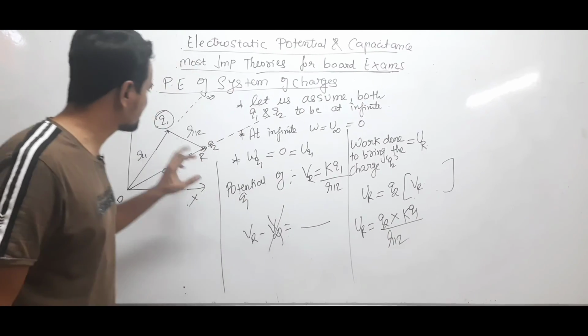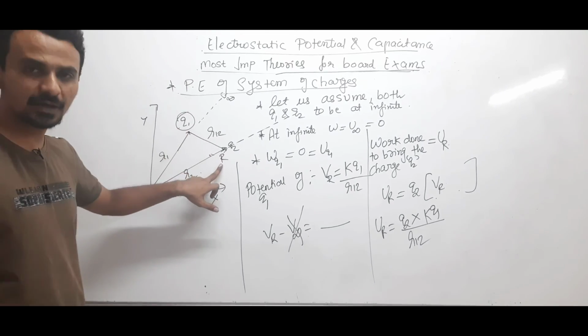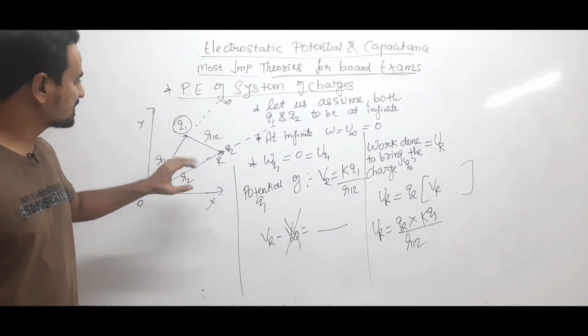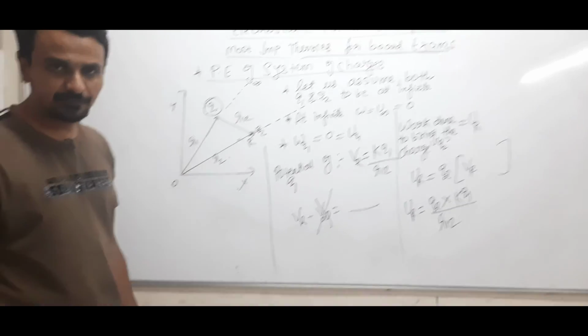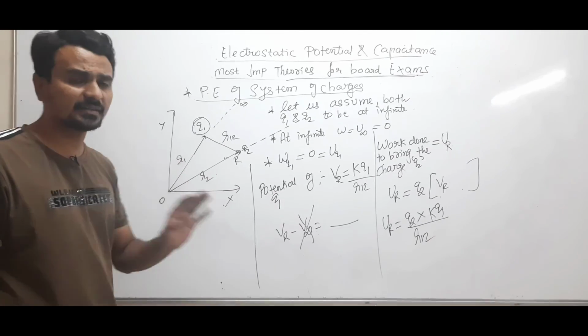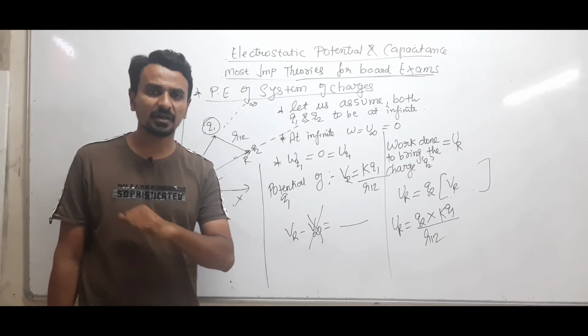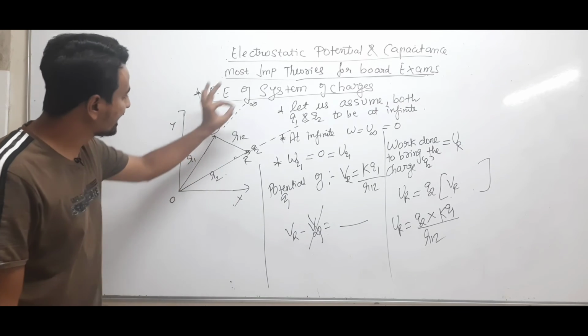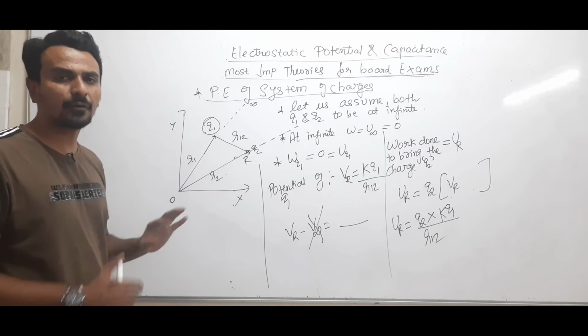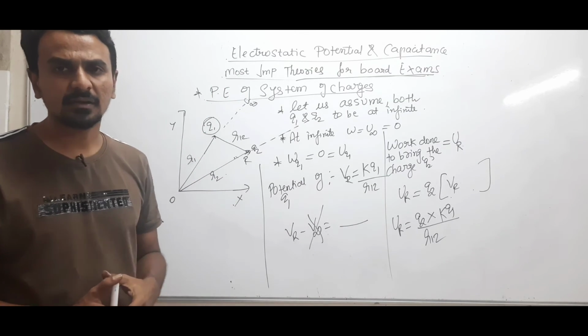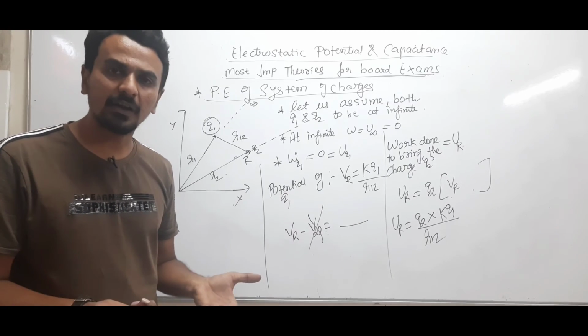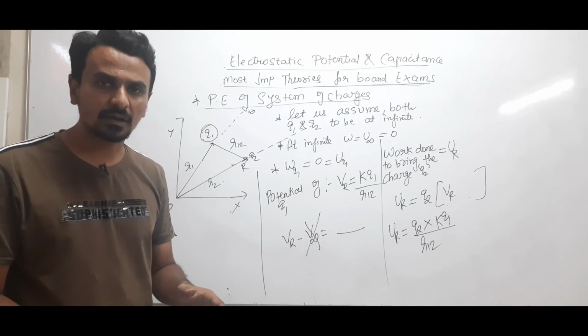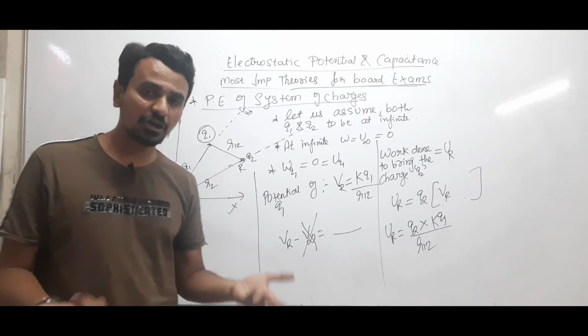In order to establish this configuration of charges q1 and q2, first we will assume both the charges to be at infinity, and at infinity there is no electric field, there is no potential. So whenever you are bringing the first charge, you don't have to do any kind of work, because there is no electric field or potential of any other charge.